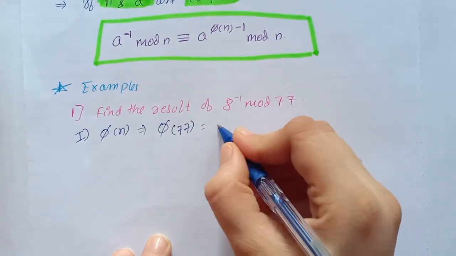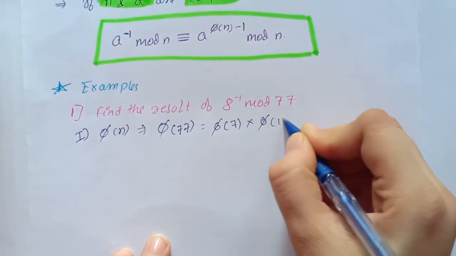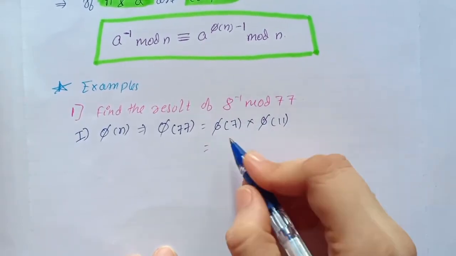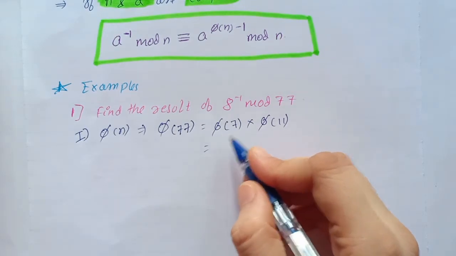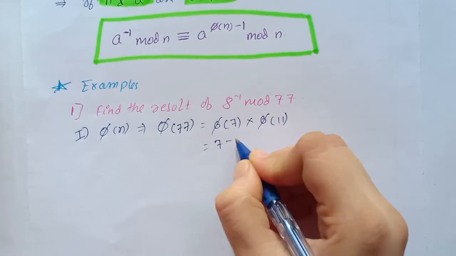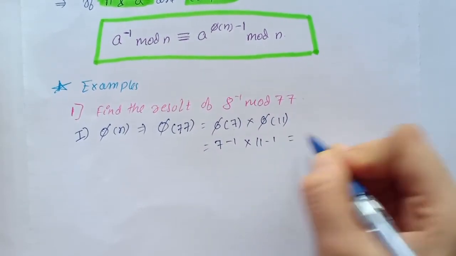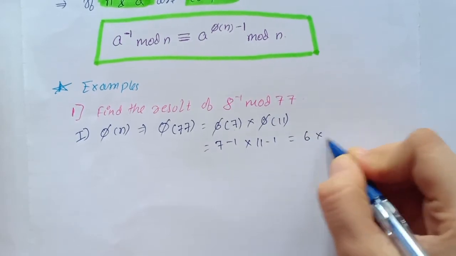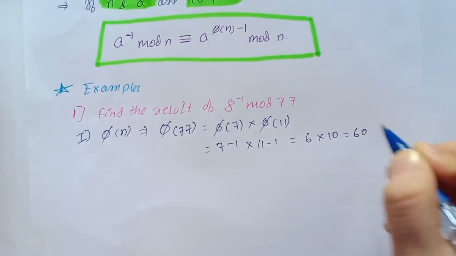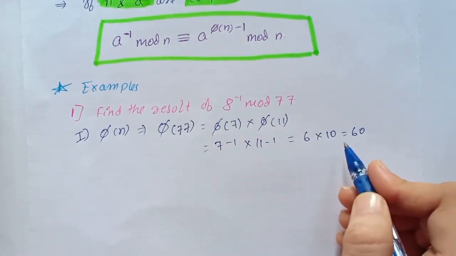We can write it as phi of 7 into phi of 11. Here 7 is a prime number, 11 is a prime number. So 7 minus 1 into 11 minus 1, we get 6 into 10 is equal to 60. So we got that phi of 77 is 60.